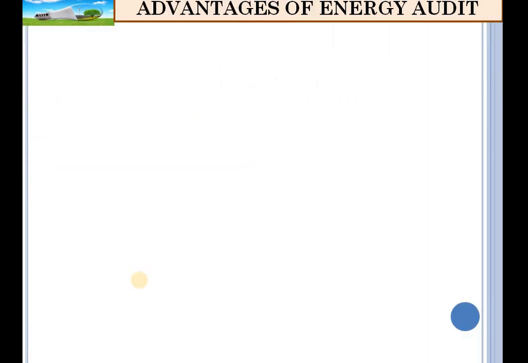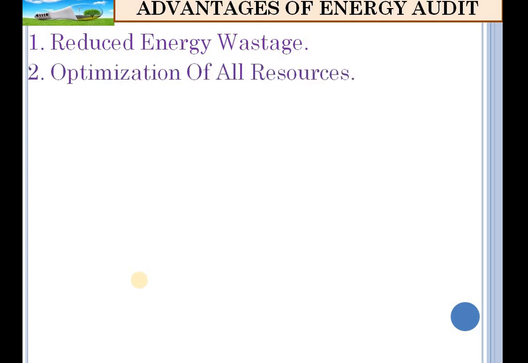Next, advantages of using less electricity or doing an energy audit. It reduces energy wastage, as we are turning off the lights, fans, or equipment which runs on electricity whenever they are not in use, meaning we are reducing the wastage of energy.